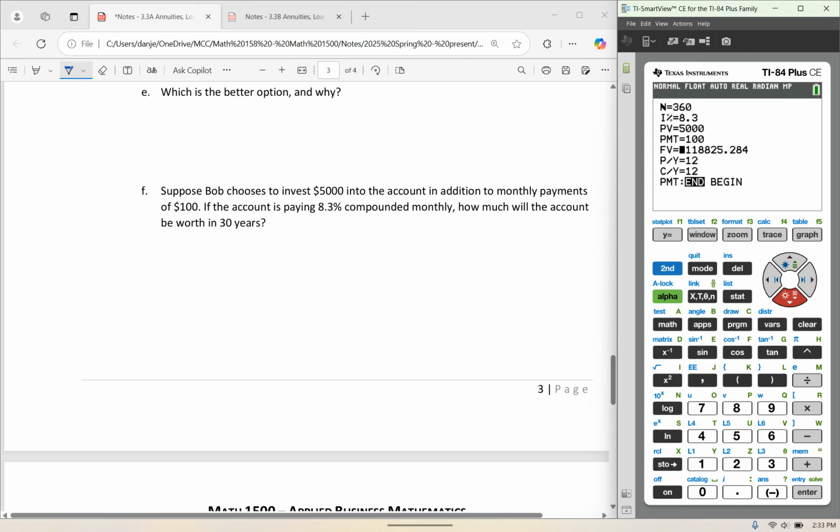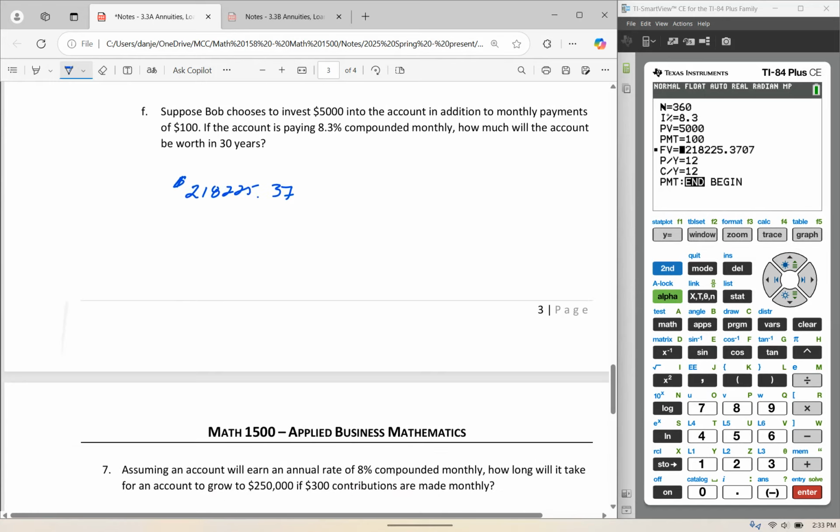What will that account be worth in 30 years? This would be the best of both worlds. Now notice he's going to have $218,225.37 in that account. So really doing a little bit of both is the same. Starting with some money, putting some in each month.